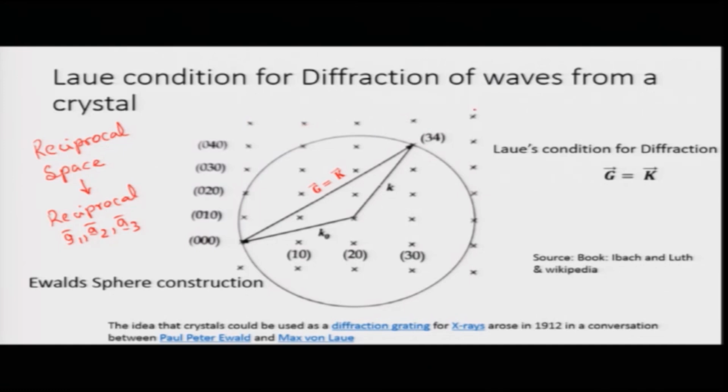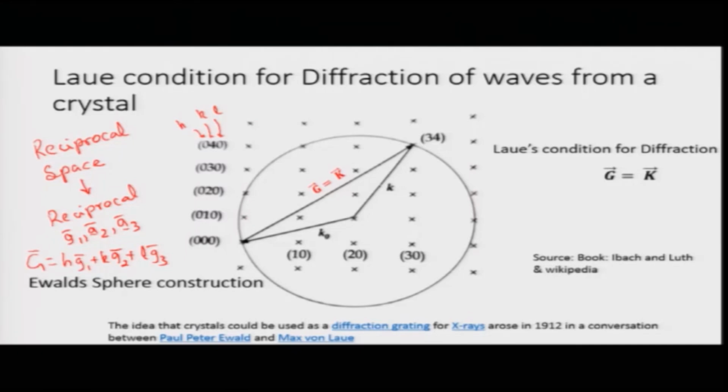For example, in this 2D space you have your reciprocal lattice points which are shown here, labeled by the indexes h, k and l. If you recall, the reciprocal lattice vector can be written as h times G1 plus k times G2 plus l times G3. So these indexes h, k and l label the reciprocal lattice points.